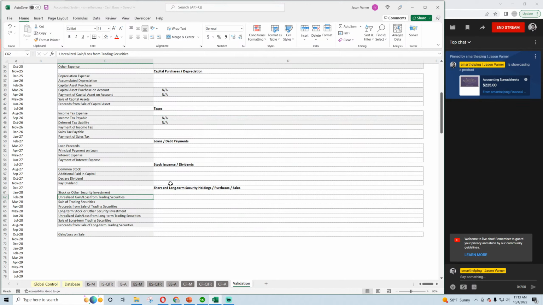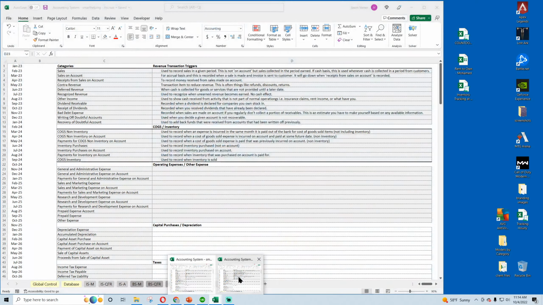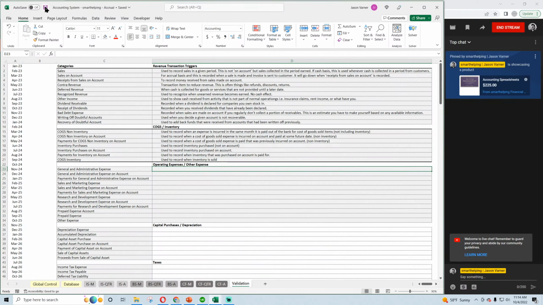I actually am not sure about cash basis accounting for long-term stock holdings because I don't see how else you would do it besides this. So in this case, I guess anytime the event happens, you just use all these accounts, and we'll go through that whenever we get to it. So that's fine. Obviously, accrual is going to use everything here.